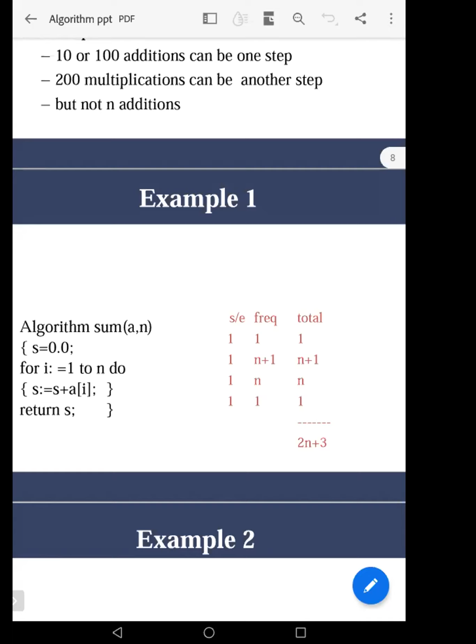The constant time complexity is basically for things like assignment statements or returning a value from a function.